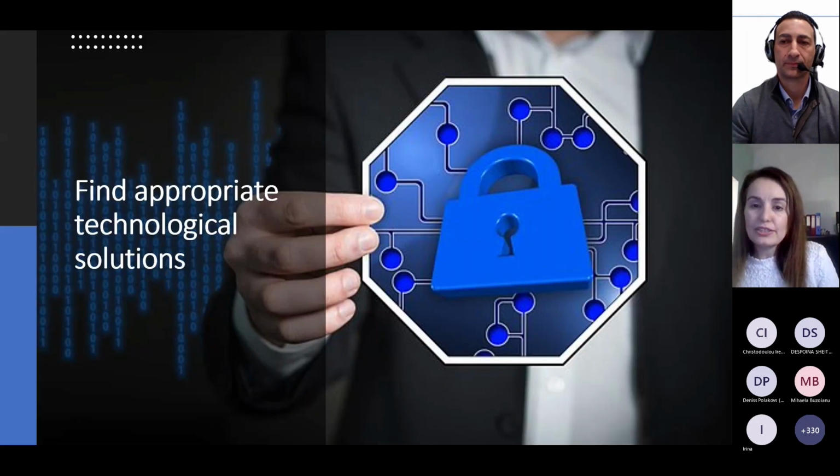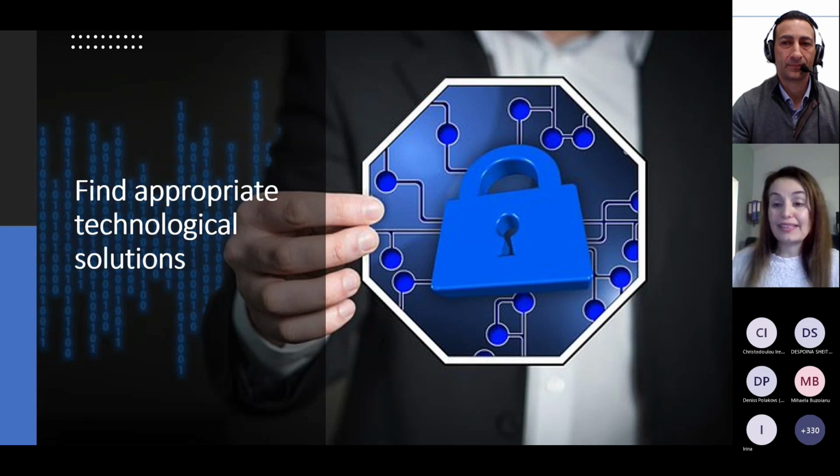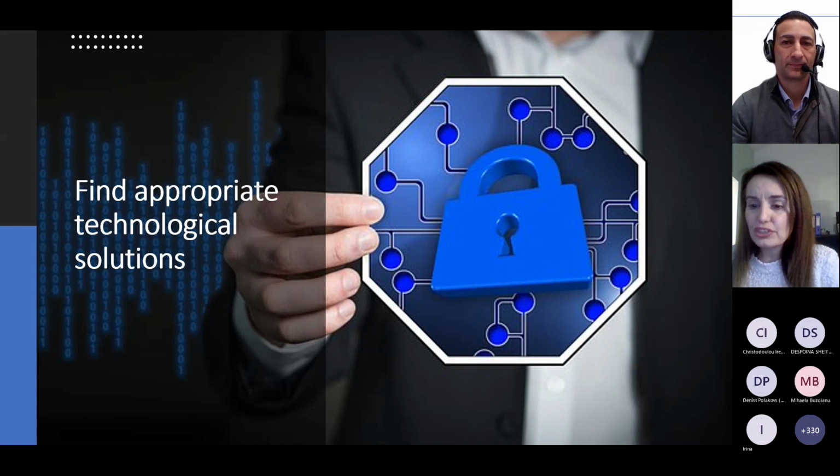Now, another challenge is finding appropriate technological solutions. In the case of sanctions, for example, if we employ a tool, what type of sanctions list does this specific tool check? What type of package am I going to buy? For example, we had a recent case, Bittrex, a crypto exchange.